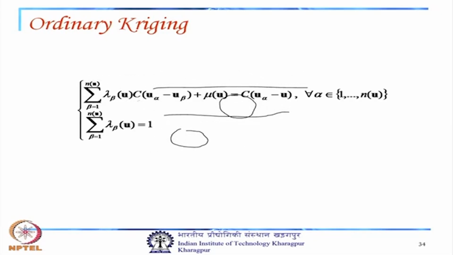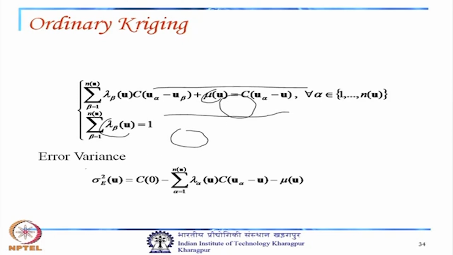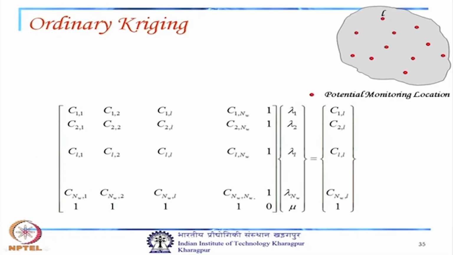Finally, we get this particular set of equations, and we can solve it to get the values of lambda and mu for our problem, and we can also estimate the variance for any particular problem.